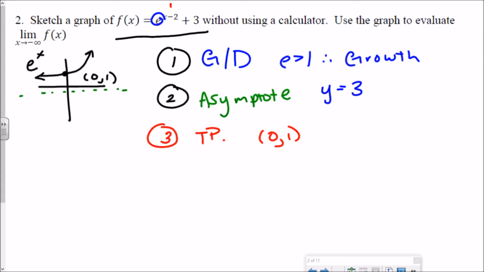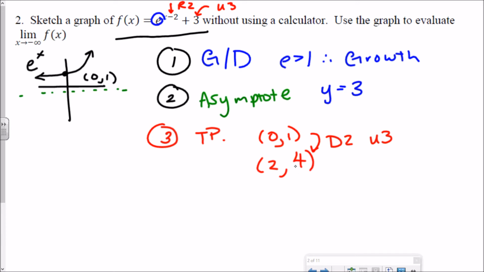This tells me I'm going to go right 2, and this tells me I'm going to go up 3. Remember, anything on the outside of your exponential or natural log is an up and down movement. Anything on the inside is a left to right movement. So I'm going to move it right 2, up 3. So I'm going to move it to 2, and then up 3, so 4.